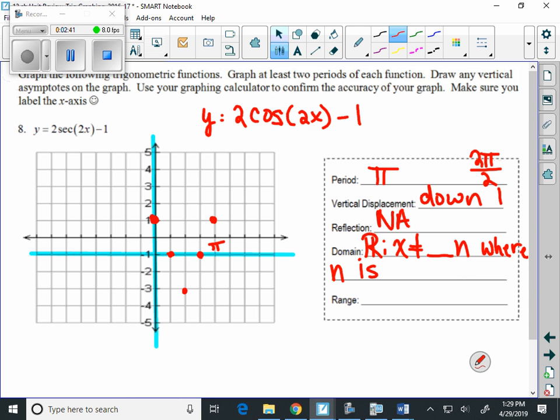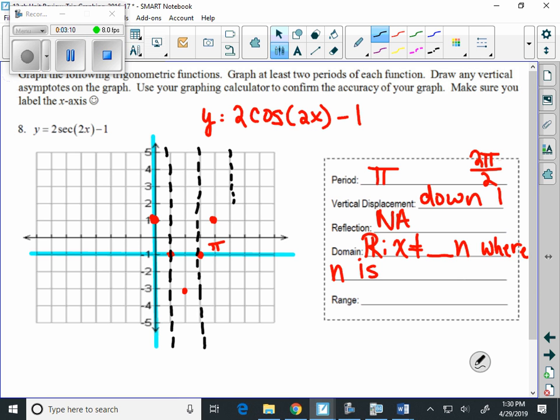Well, now that we've got the picture in there, what's going to happen is we're going to draw in our asymptotes. But we have 0. And once we get that pattern, we can continue to keep drawing.